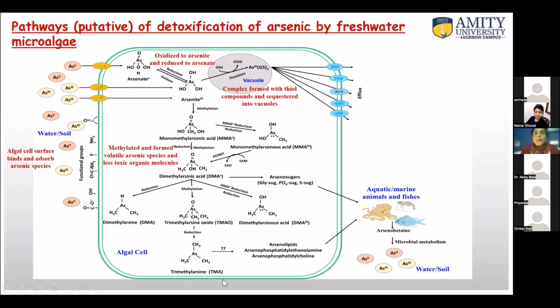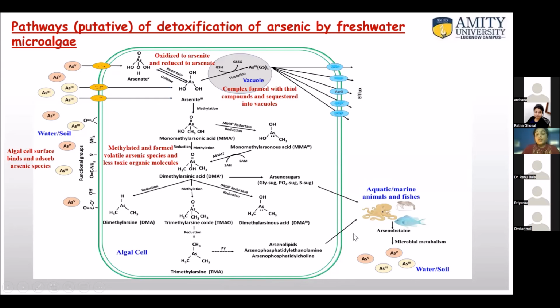So by this type of method, it can absorb the arsenic and remove the arsenic from the water. Sometimes we don't know the mechanism, but we have also found in some literature that algae can produce arsenolipids, different complex arsenic compounds, which can be taken up by some aquatic or marine animals or fishes, which can also produce arsenobetaine.